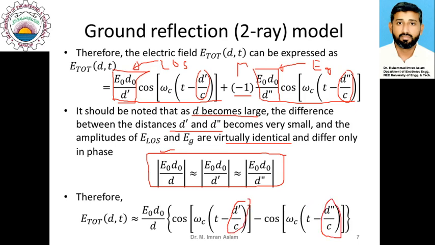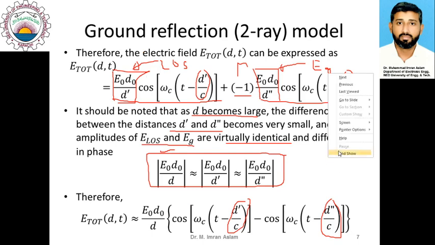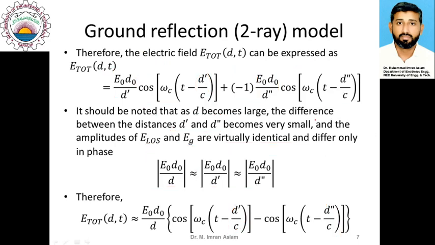Practically both the LOS and EG components have identical amplitudes, but the phase is different in both cases. In that case, the total field available at the receiver side can be approximated by this relationship that we have given here.